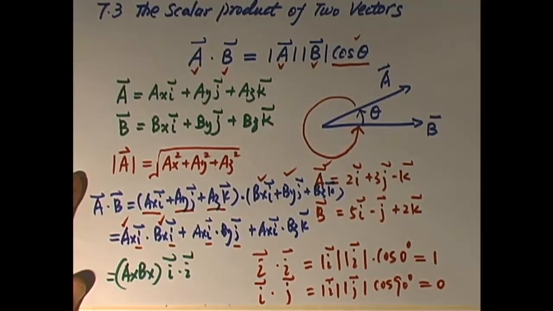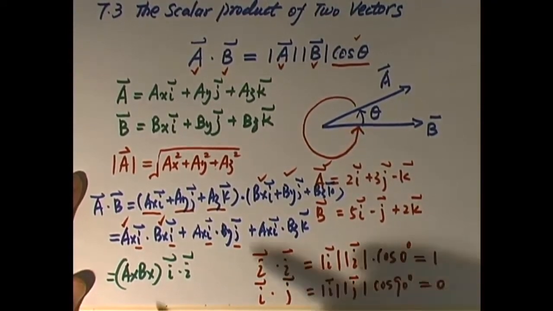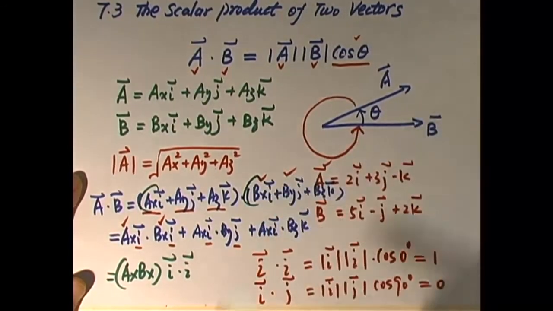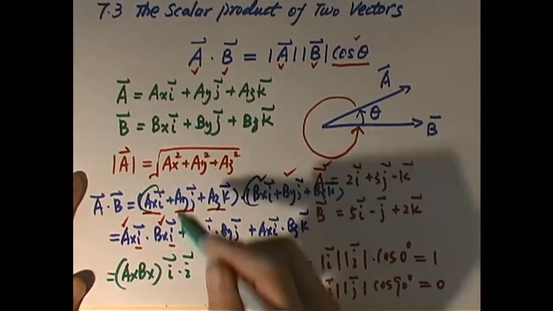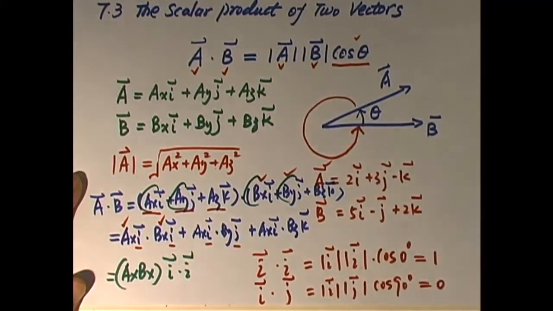This tells us that the cross terms, i dot j, i dot k, or vice versa, k dot i, k dot j, are all 0. So what happens is the i dot i term survives, the j dot j term survives, and the k dot k term survives.